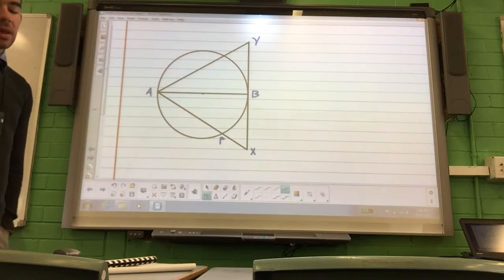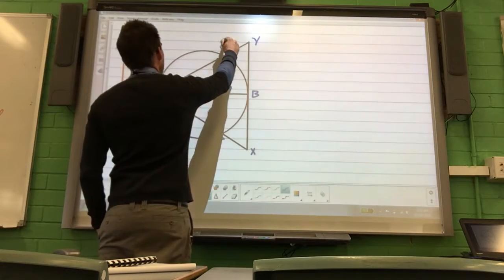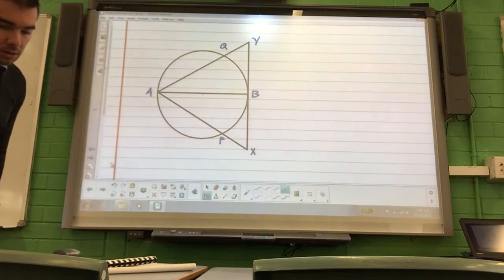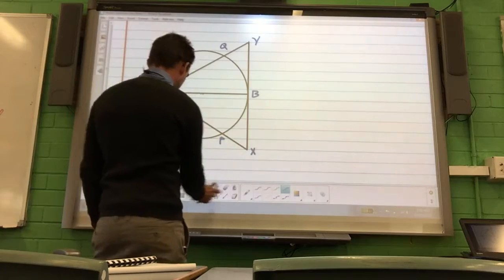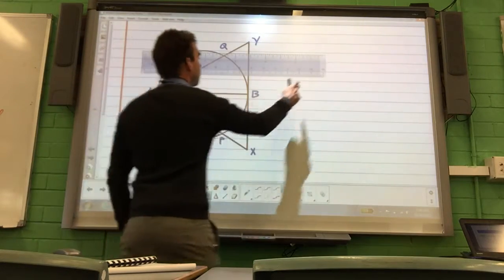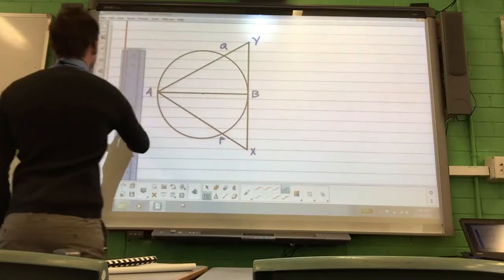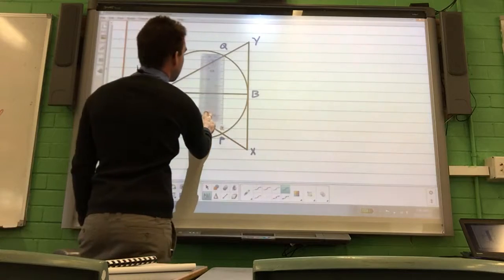So we are required to show that PXYQ is a cyclic quadrilateral. So what we need to do first is we need to put in PQ.